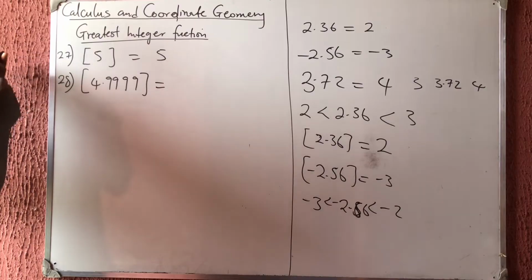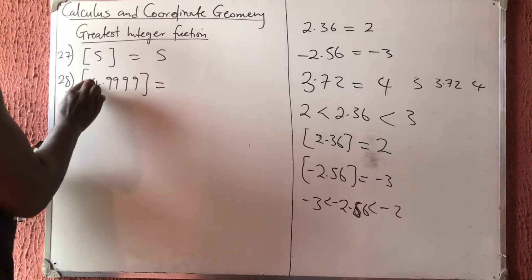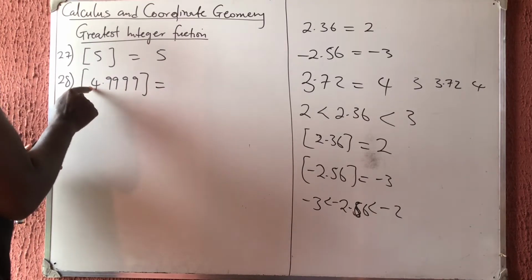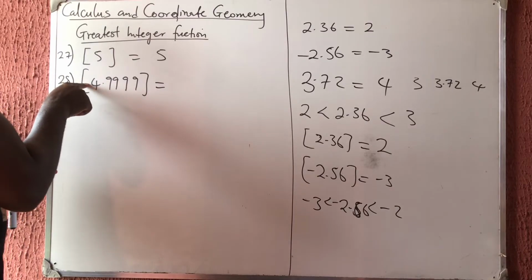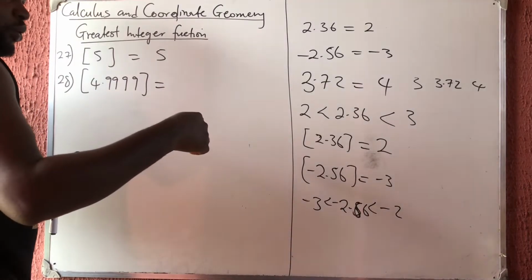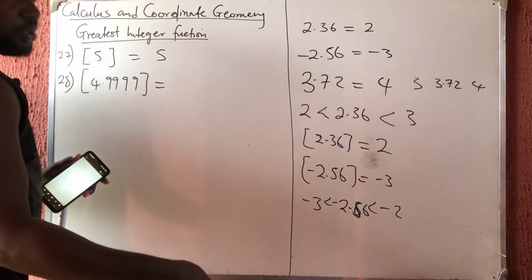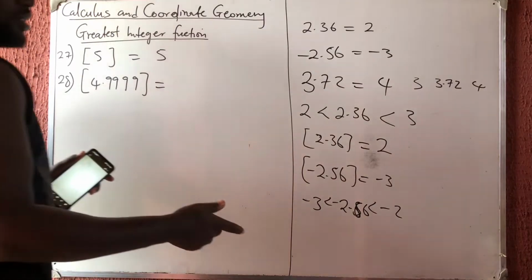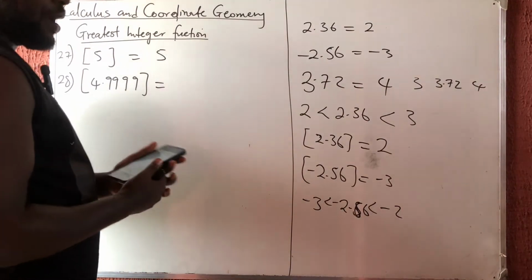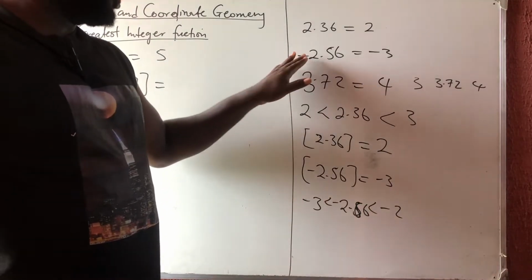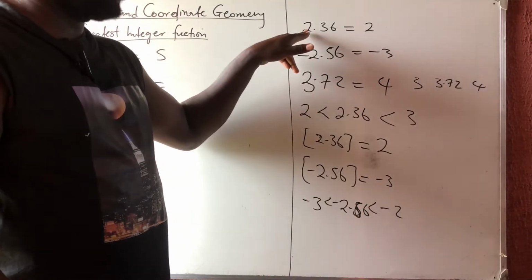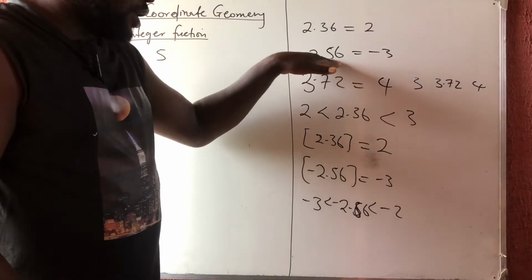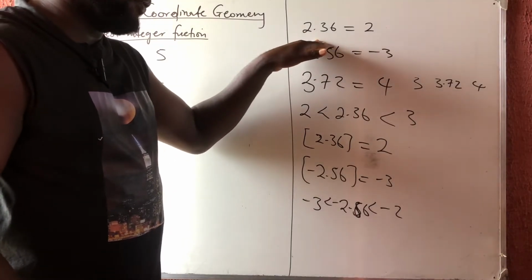Now the shortcut to this is, if it is a positive number, we take that number we are seeing there. But if it's a negative number, we add 1 to it, or rather we subtract 1 from it. What do I mean by add 1? For example, if this is a positive number, we'll take 2.